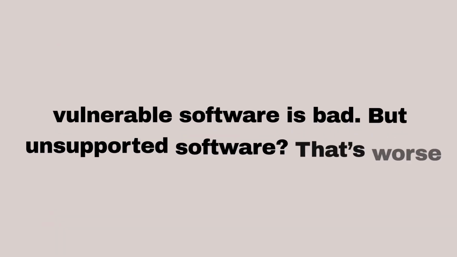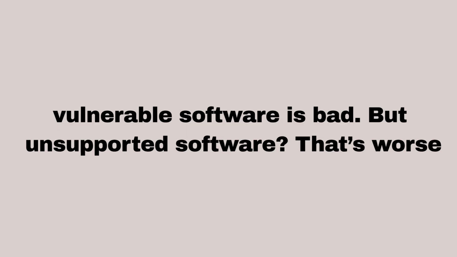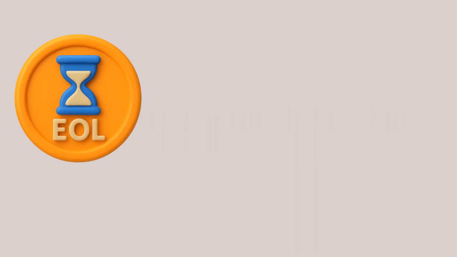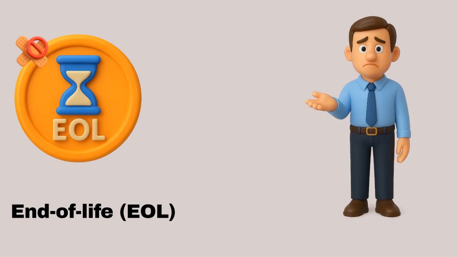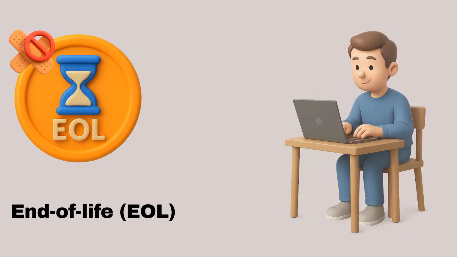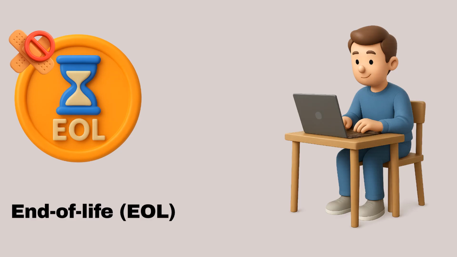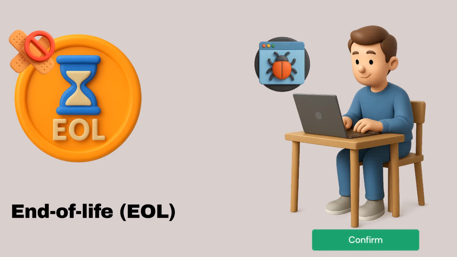Now, vulnerable software is bad, but unsupported software, that's worse. When a product hits end of life, EOL, it means the vendor no longer patches it. You can still use the software in most cases, but if there's a bug, you're stuck with it, unless you can patch it yourself, which most people can't, being honest.